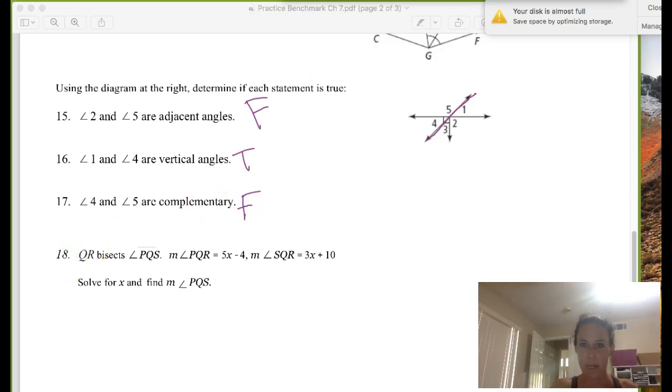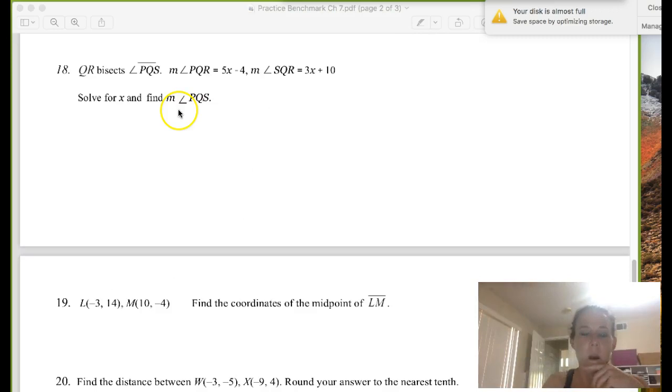Let's go on to 18. Okay, this one we weren't given a picture, so let's first draw a picture. QR bisects angle PQS, and that little line should have been over the QR, not the PQS. Sorry about that. So let's go ahead and draw ourselves an angle, just so we have an idea. When you're not given a picture, please draw one, okay?